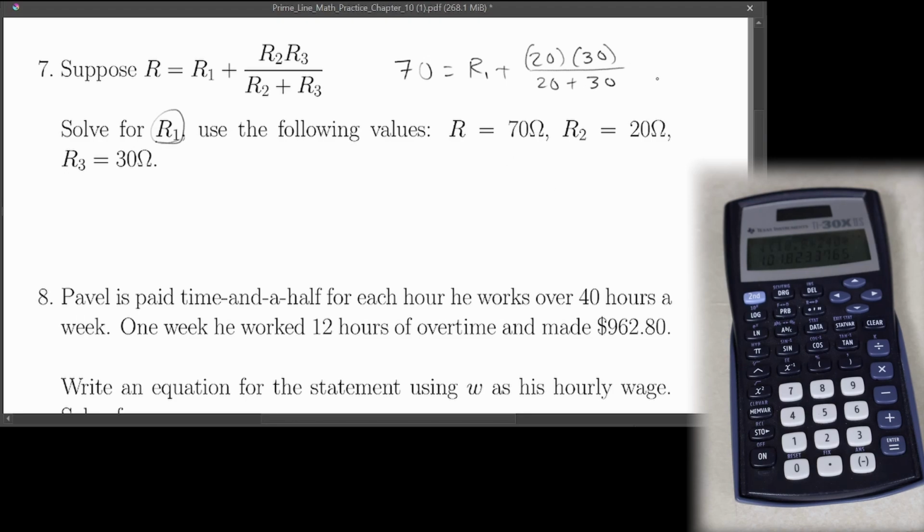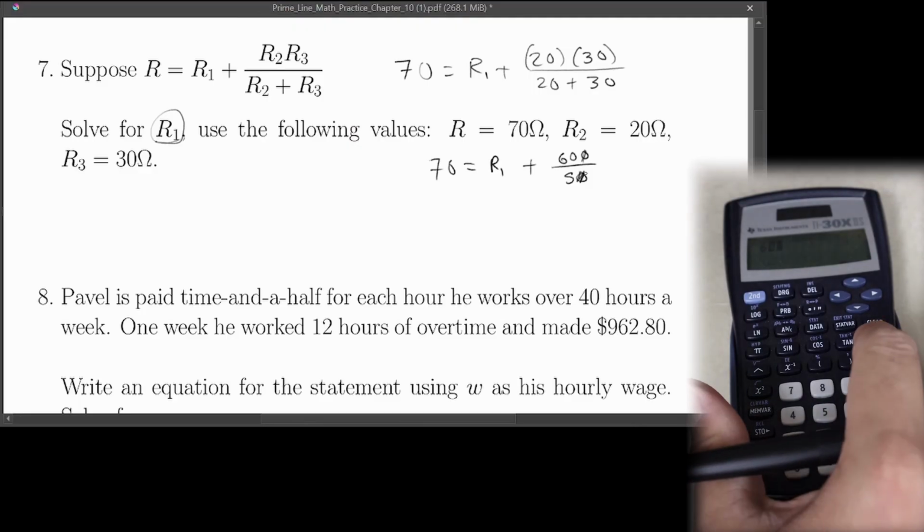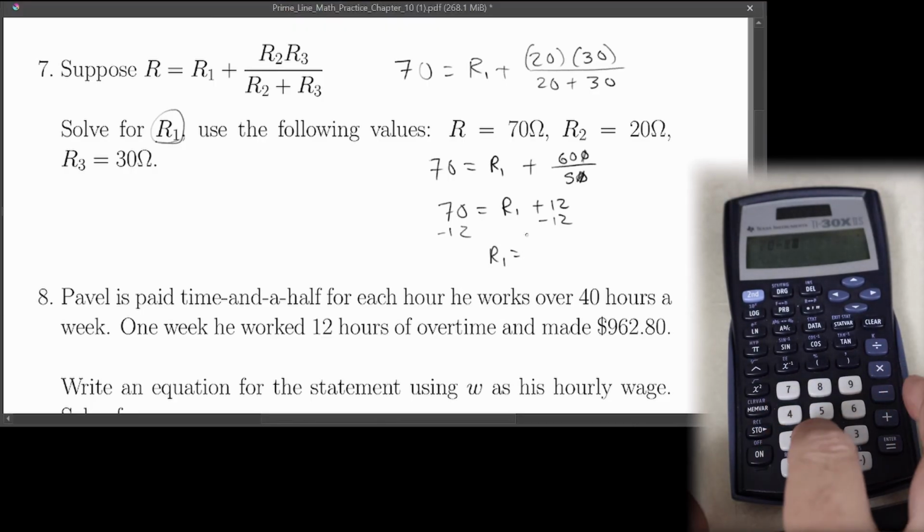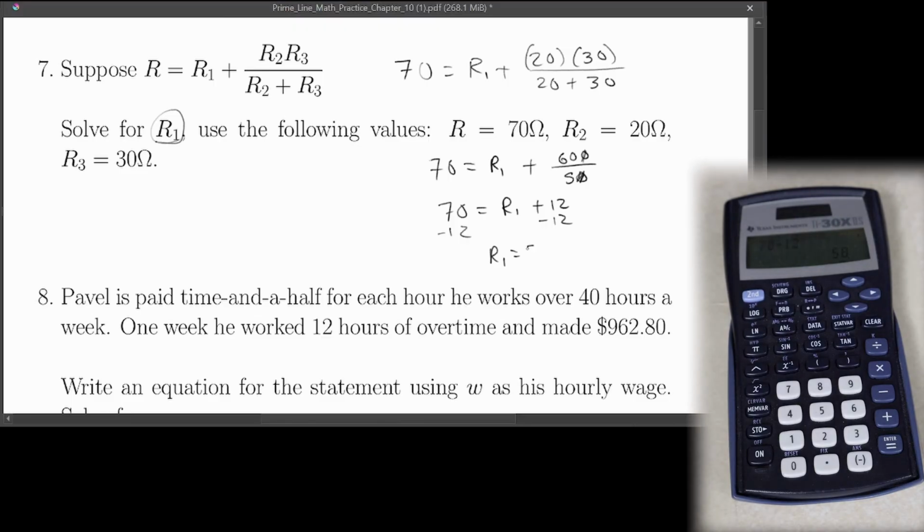We can simplify this, so we get 70 equals R1 plus 600 over 50. We can reduce that to 60 over 5, which is 12. So we have 70 equals R1 plus 12. Subtract 12, and R1 equals 58 in ohms.